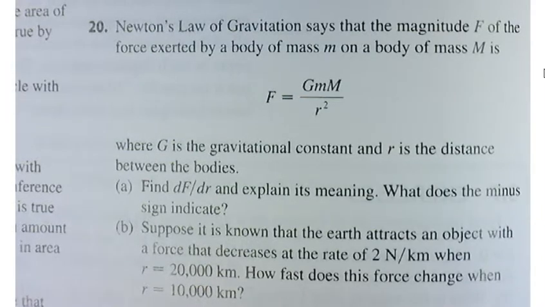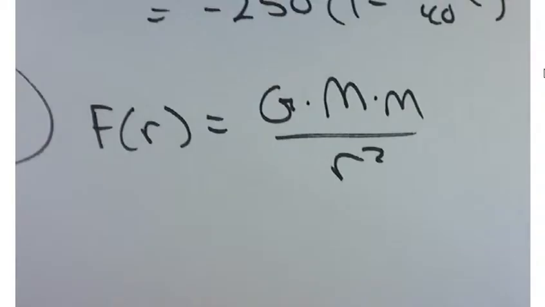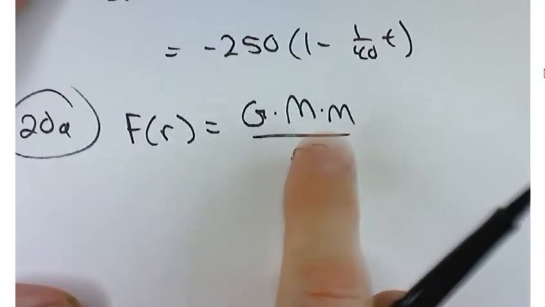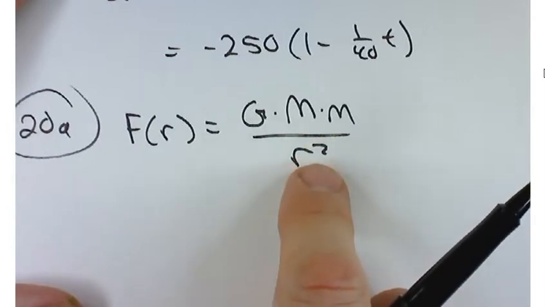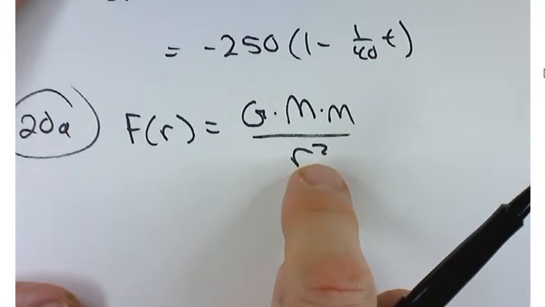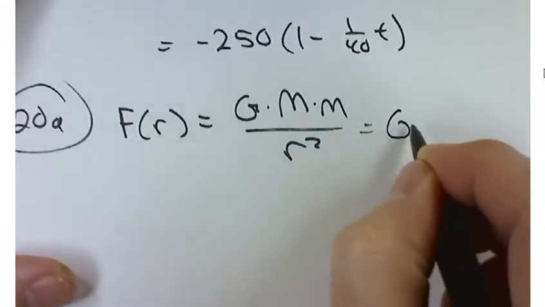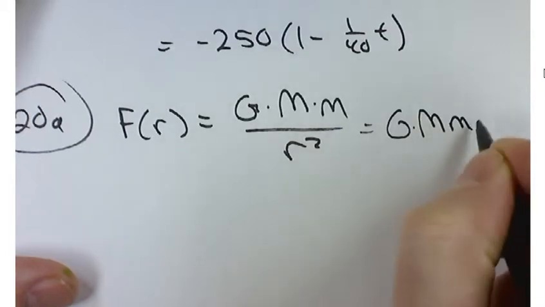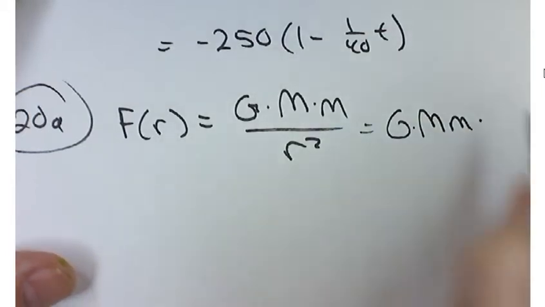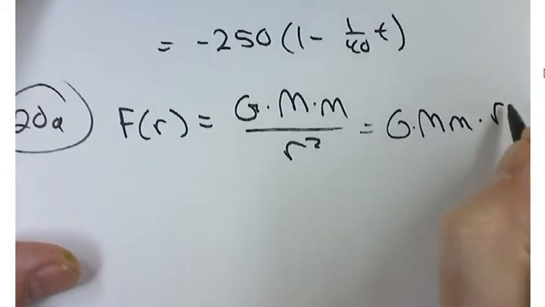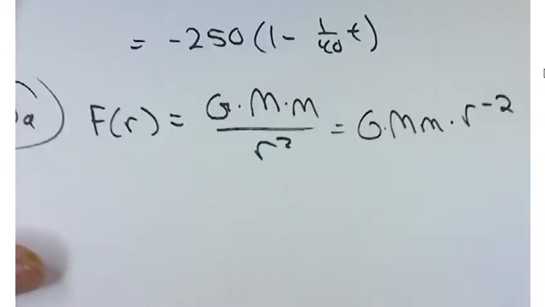They're constants. Yeah. So if you're going to differentiate this and realize that these are constants, do you really want to use the quotient rule? No. And for my viewing audience, everyone's shaking their head vigorously. No, we don't want to use the quotient rule. So we'll rewrite it as G, big M, little m, times what? R to the negative 2.